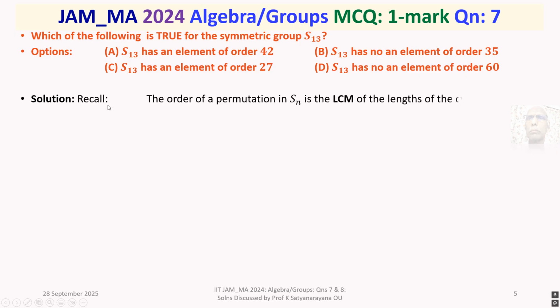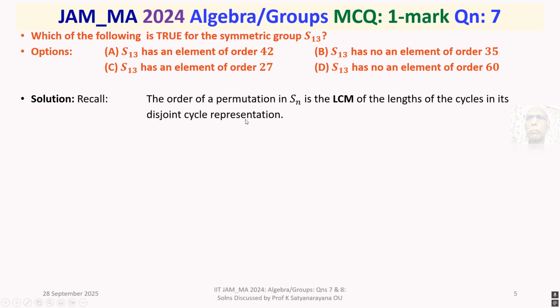We recall the following result. The order of a permutation in Sn, the symmetric group on n letters, is the LCM, least common multiple, of the lengths of the cycles in its disjoint cycle representation.